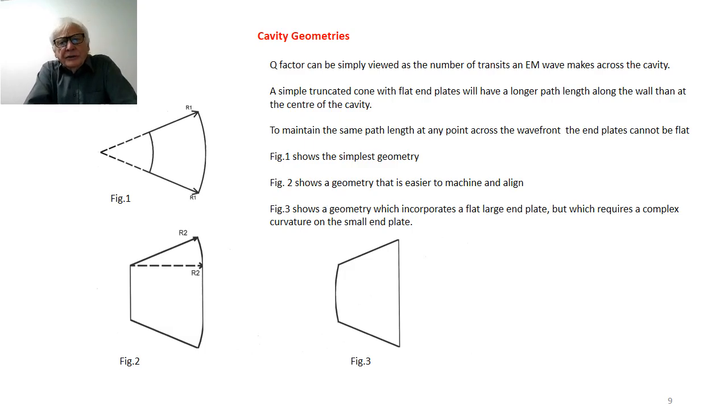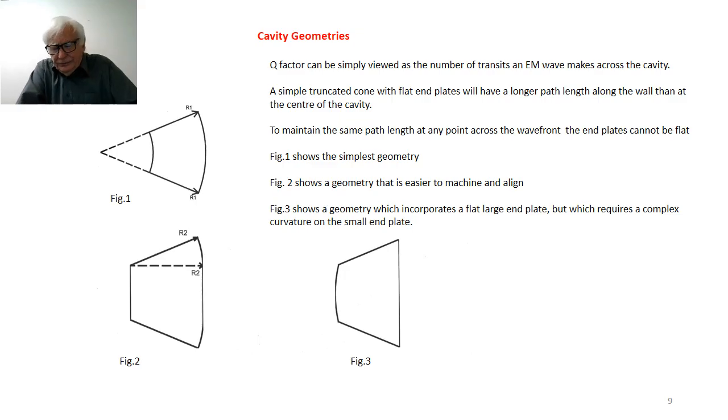And figure 1 shows the simplest of solutions to this, where you have the wall length shown as R1, where R1 is part of a radius back to an imaginary zero point, such that the radius is maintained across the wavefront, and R1 is maintained constant simply because it is defined by the radius from the imaginary zero point.